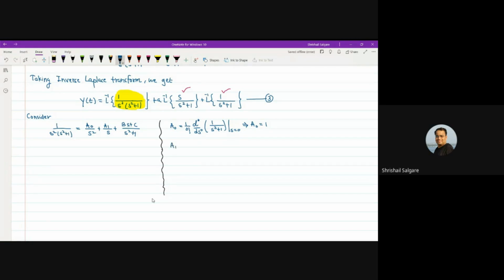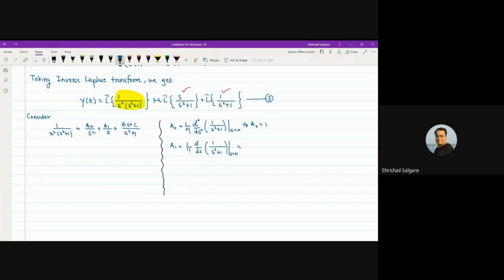Next, a1 is given by 1 upon 1 factorial, the first order derivative of 1 upon s square plus 1, and the value of this function at s equal to 0.